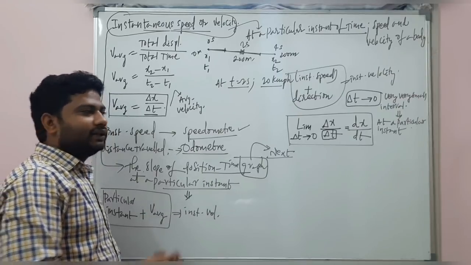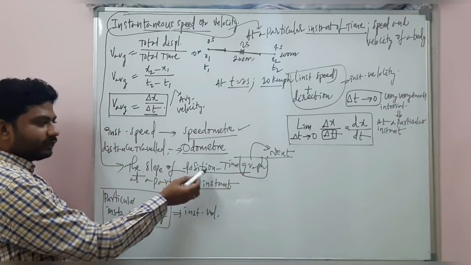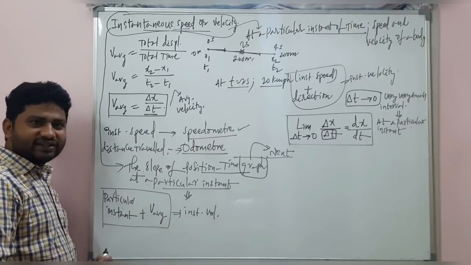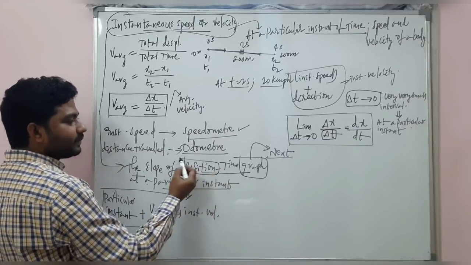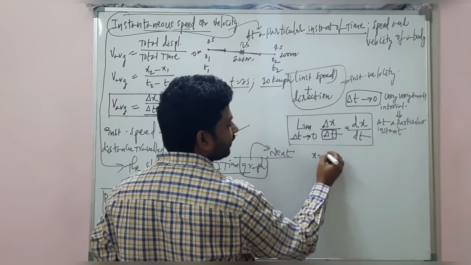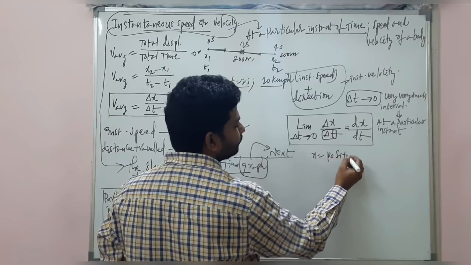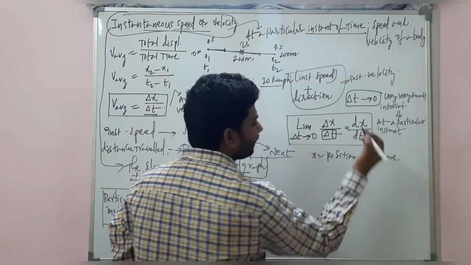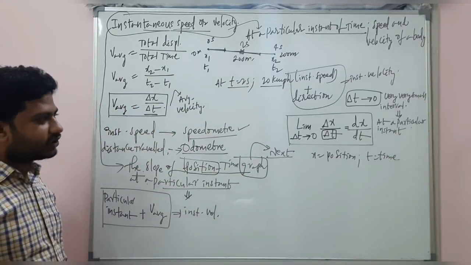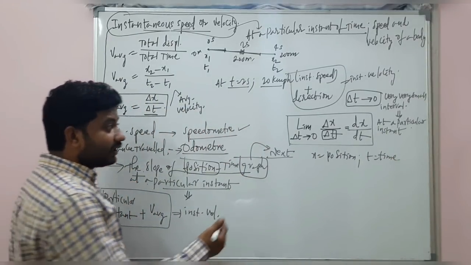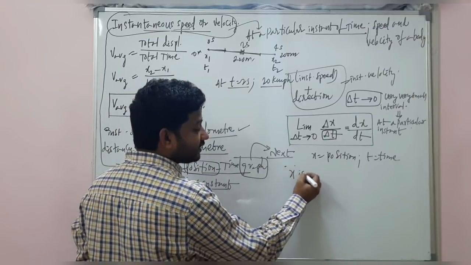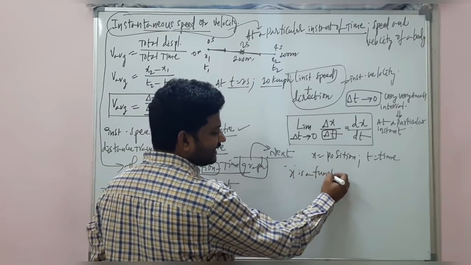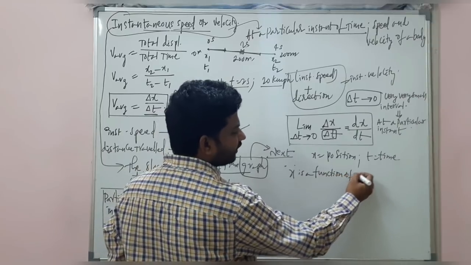What is dx by dt? That is the slope of the position-time graph at a particular instant. This x is the position, and t is time. Position and time, where x is a function of time.